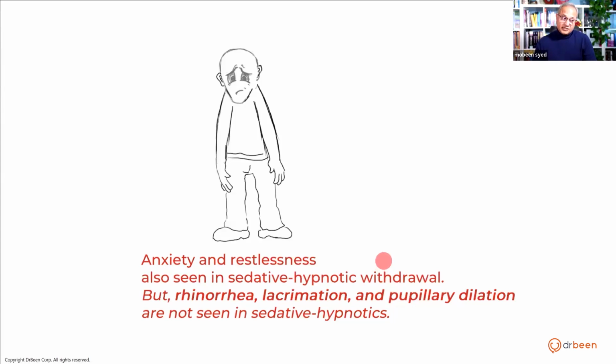So rhinorrhea, lacrimation and pupillary dilatation will help you differentiate opioid from sedative hypnotic withdrawal. And if they are not present, then it could be sedative hypnotic withdrawal.